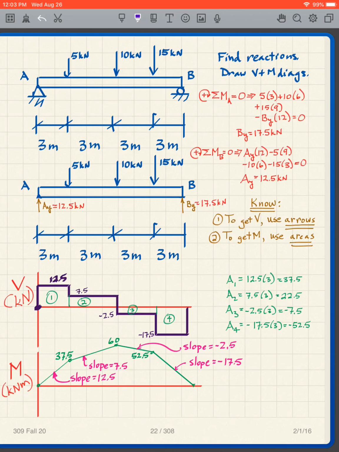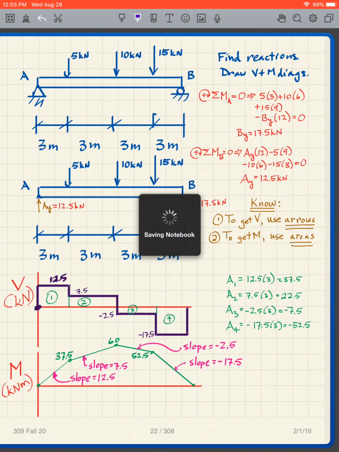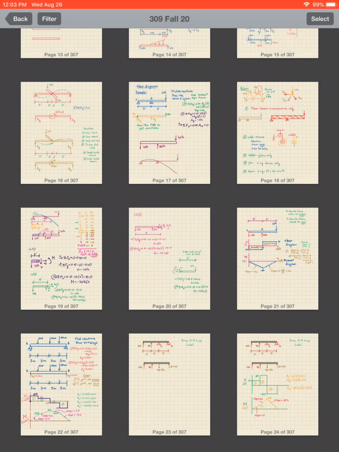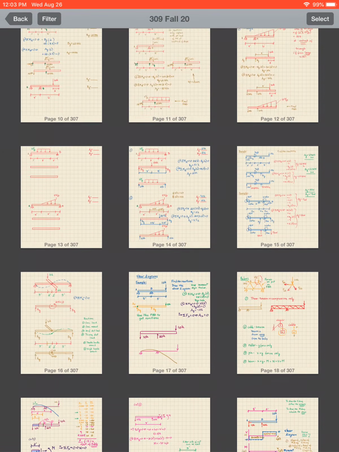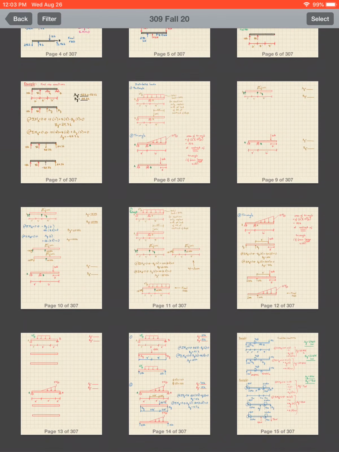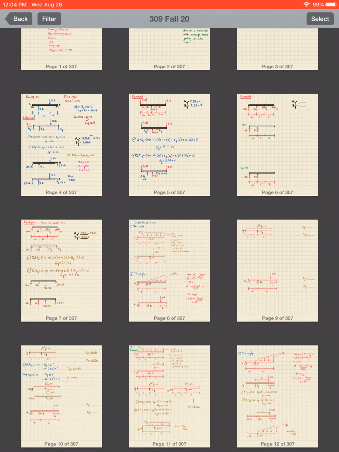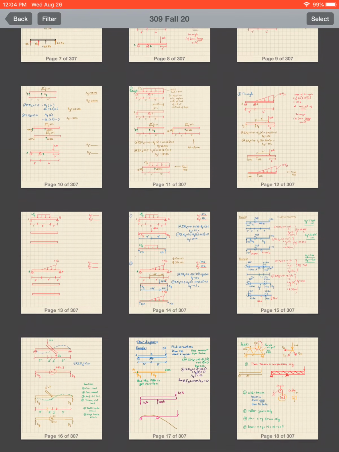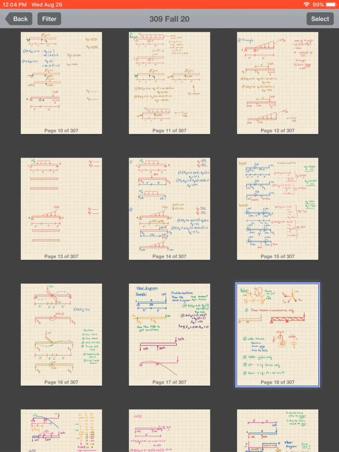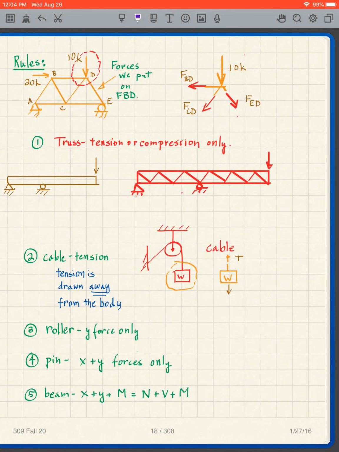Now, if we go back to our trusses, for instance, and our cables, we didn't have to do this for cables. We didn't have to do this for trusses. Why did we not have to do it? Well, when we were talking about trusses and cables, what did we decide?